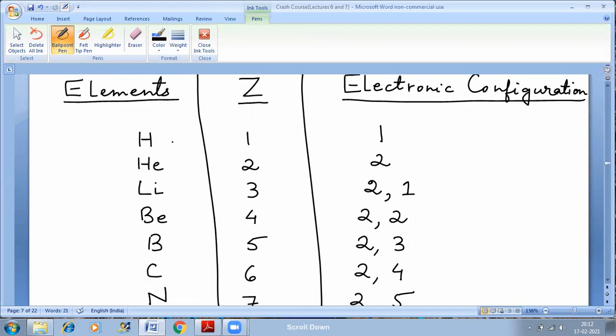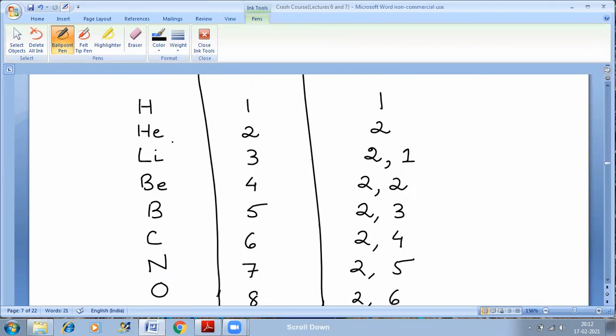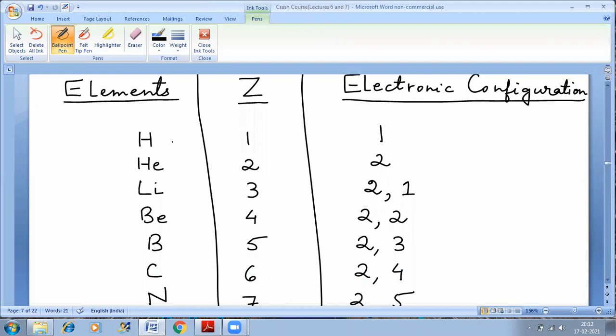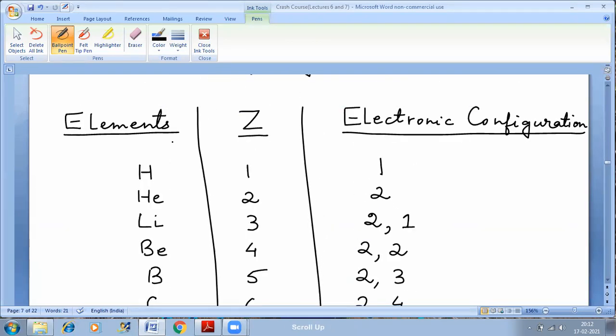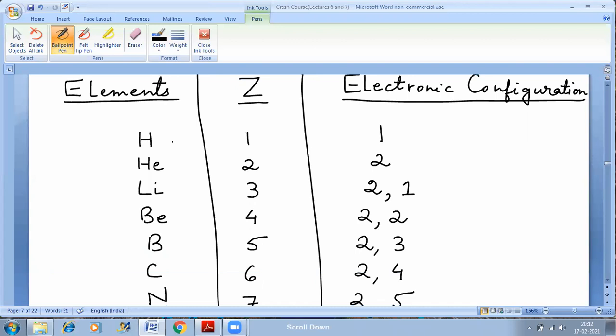Now comes a very important part. You must be thorough with the electronic configuration of some elements. From 1 to 20, you have to be thorough with the electronic configuration. These are the elements.